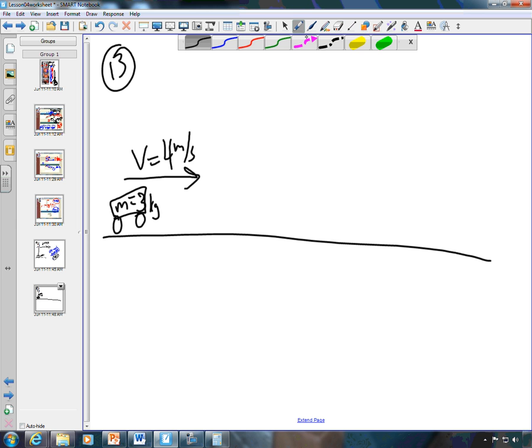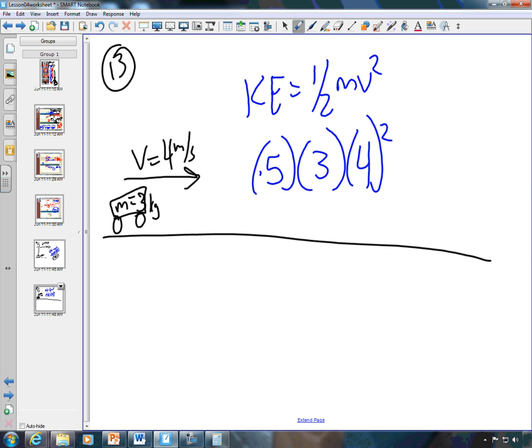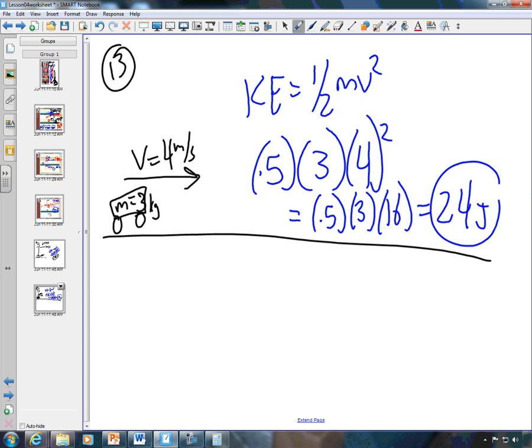Again, the equation, KE equals 1/2 mv squared. I always put 0.5 as my 1/2. Mass is 3. Don't forget the squared. So 0.5 times 3 times 16. It'll be 8 times 3, which is 24 joules of kinetic energy.